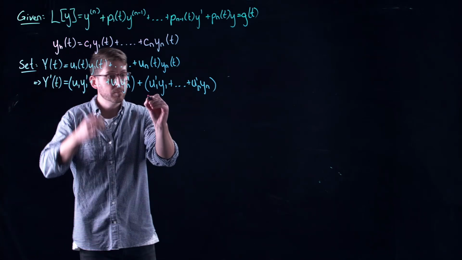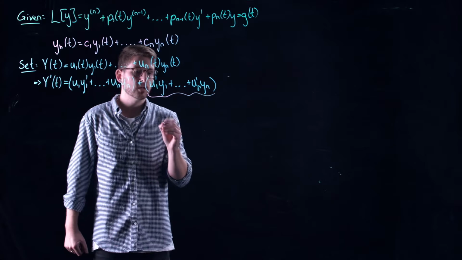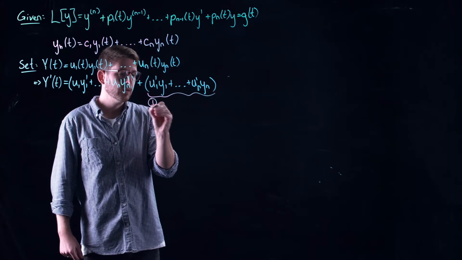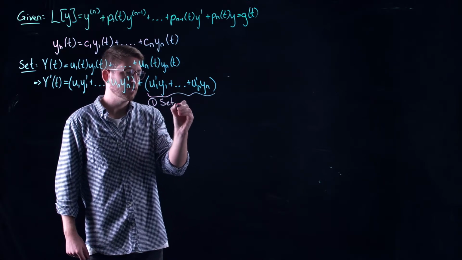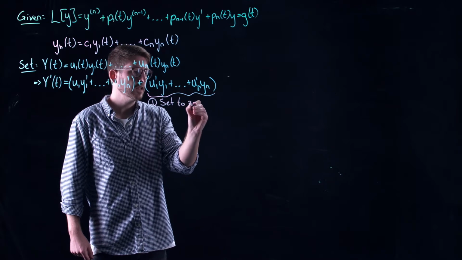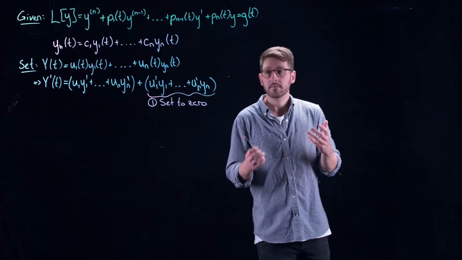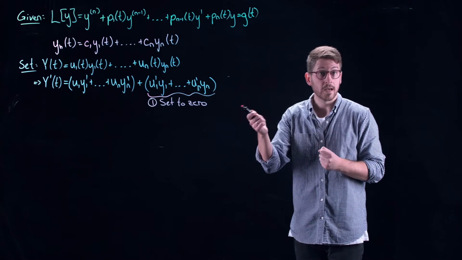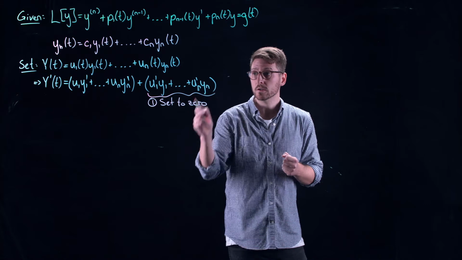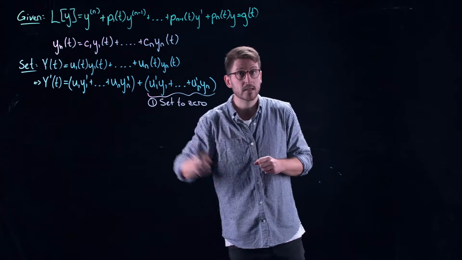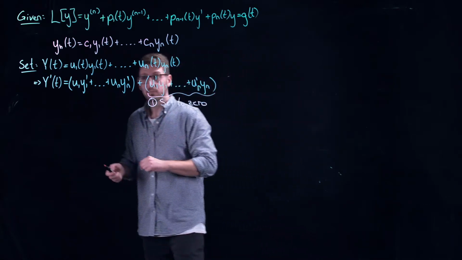Well, again, if you think back to what we did with variation of parameters before, we're going to set this to 0. So this looks a lot like what we did with variation of parameters for second order equations, right? If you put n equal to 2, this gives you exactly the same condition that we had previously.